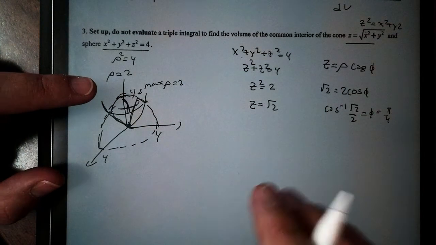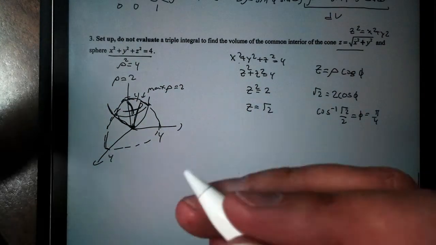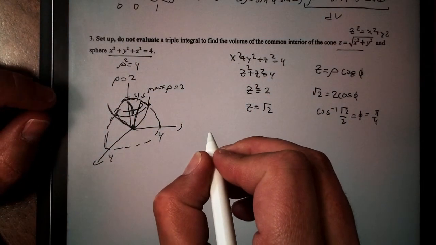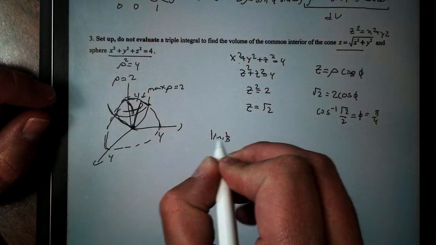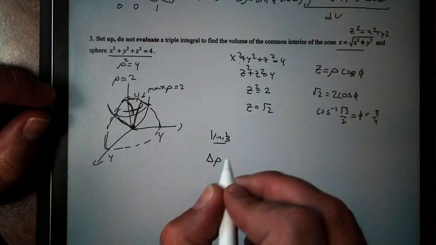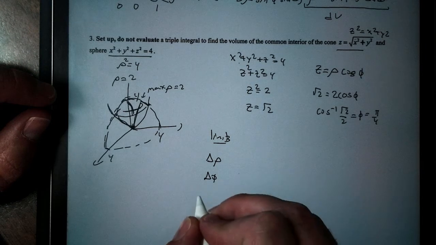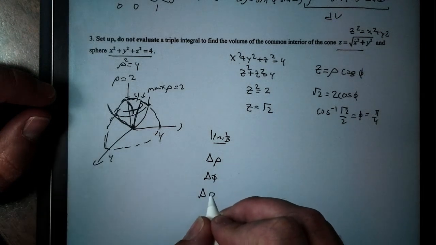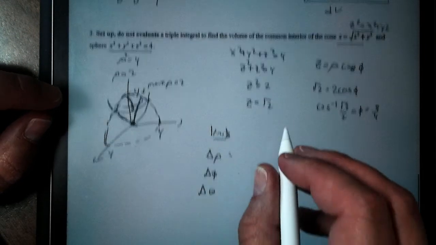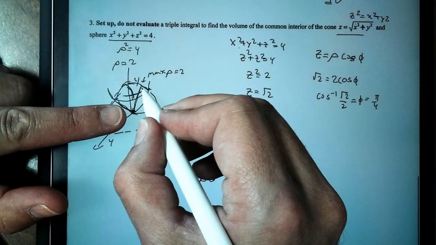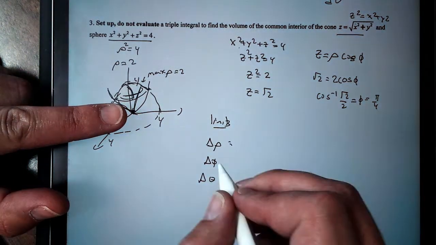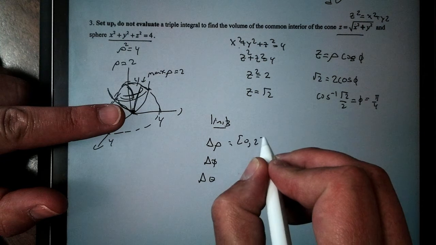All right. So now we basically have all of the limits here. So let's take a look at the limits for this one. I need the change in rho, the change in phi, and the change in theta. So the change in rho is going to go from the bottom all the way up to this little piece up in here, which is going to be 2. So it's going to go from 0 to 2.